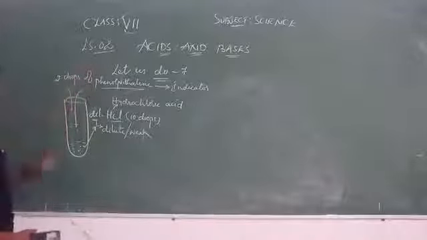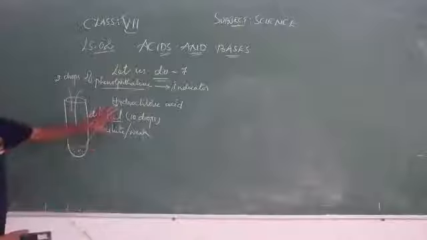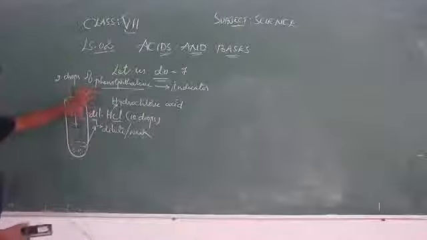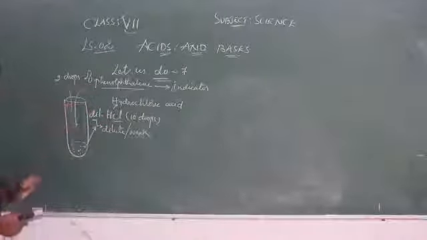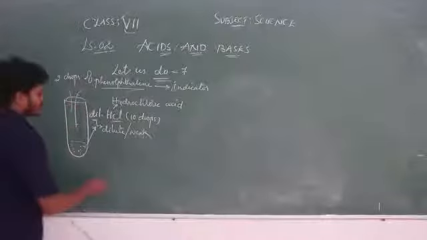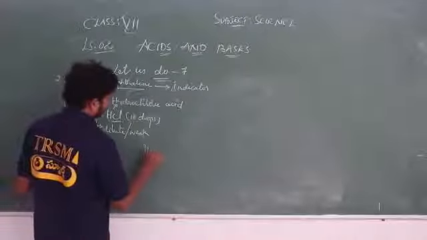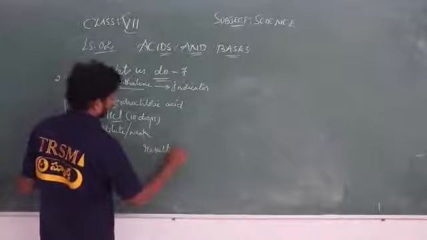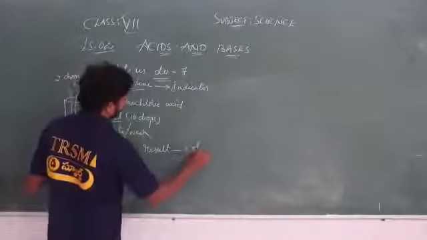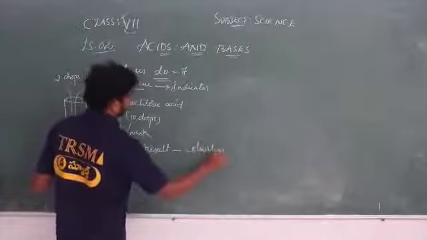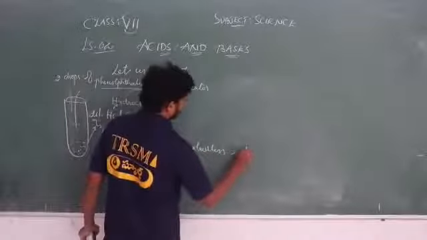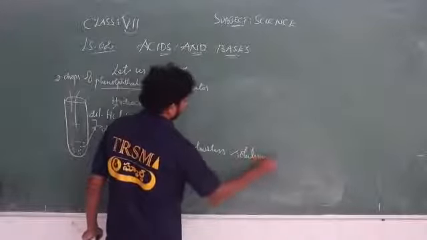We know it is an indicator, and this is dilute hydrochloric acid. Once you add both in one test tube, what do you observe? The result is a colorless solution. Colorless solution is observed.